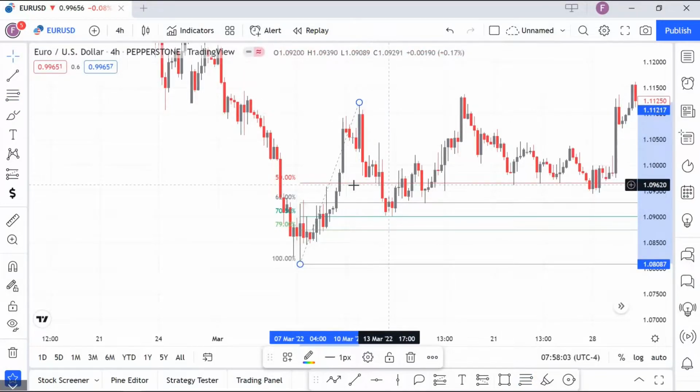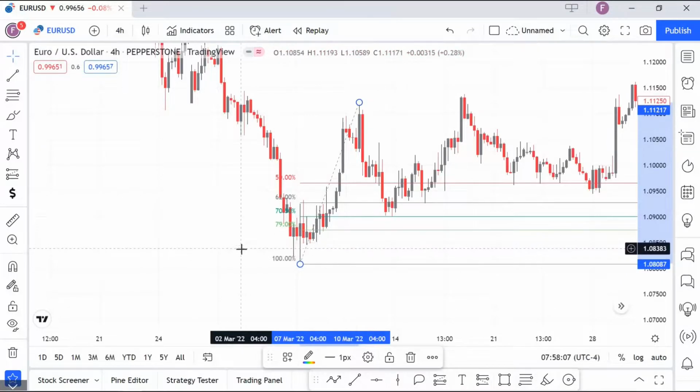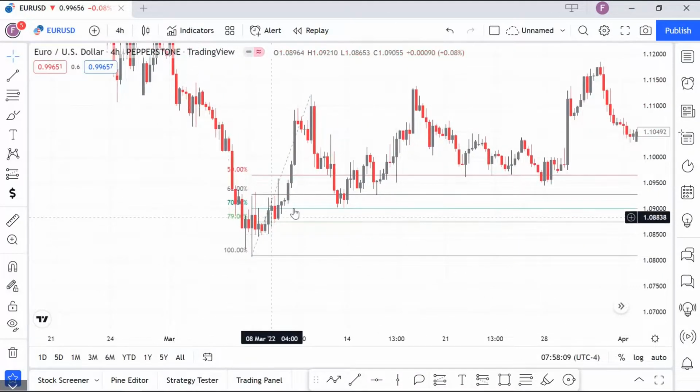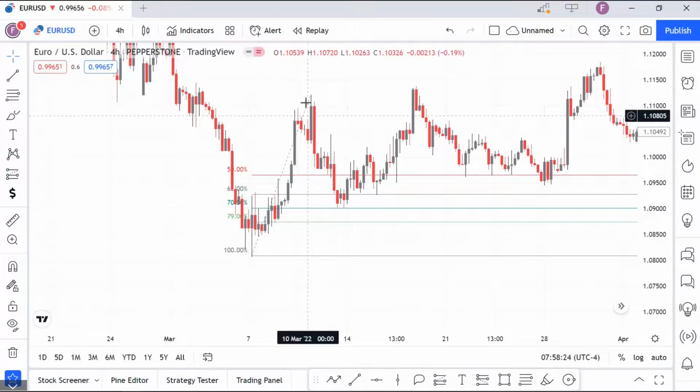and below this is our discount zone, just as we discussed, and 70.5 is our optimal trade entry area. So you see that the trade mitigates and comes back to the equilibrium, passing the equilibrium to hit what?